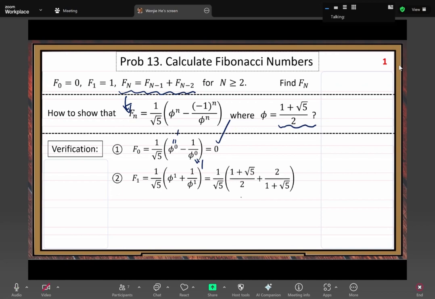In algebra, when we work on an expression like this, the second fraction's denominator is relatively complicated, so we want to make the denominator as easy as possible.